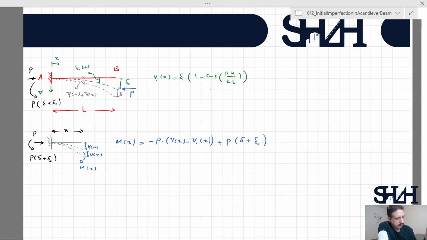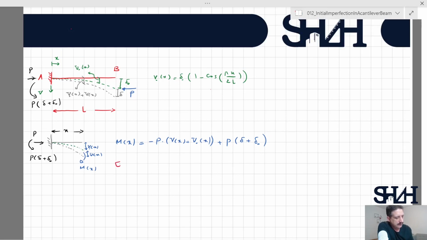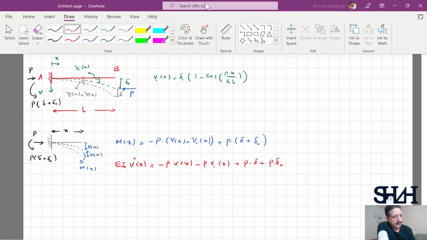Now, as far as bending moment is in the same direction as V, we can substitute M at x with EI, second derivative of V, equals minus P V at x minus P V0 at x plus P delta plus P delta 0. I can substitute V0 at x with the given equation.